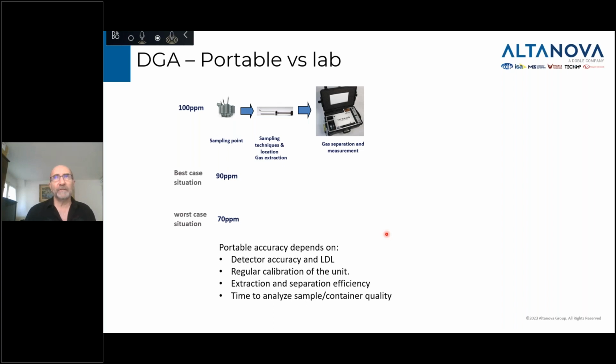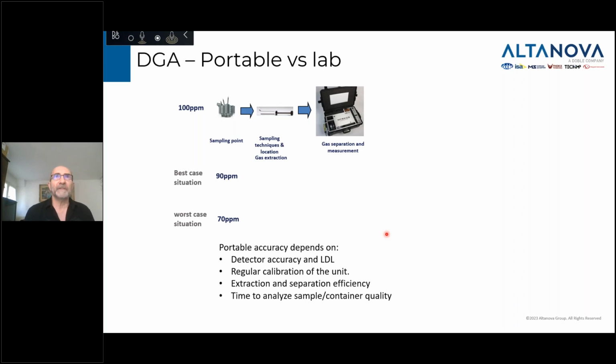As time goes on and the system loses its accuracy, if you cannot calibrate it regularly to bring back the accuracy it had when the equipment was brand new, for sure that will have a big impact on the accuracy of the measurement. Also, what is the extraction and separation efficiency?